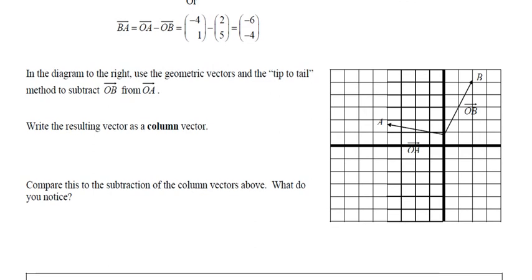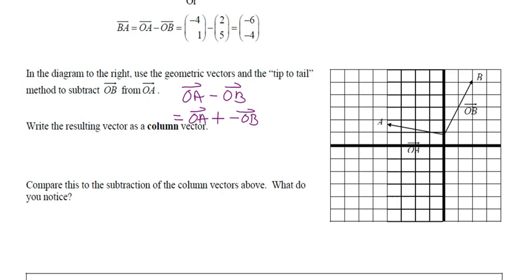In the diagram to the right, use the geometric vectors and the tip-to-tail method to subtract OB from OA. So how are we going to do that? We want OA minus OB, which is equal to OA plus negative OB. So we're going to need a negative OB off the tip of A. So we got OA.